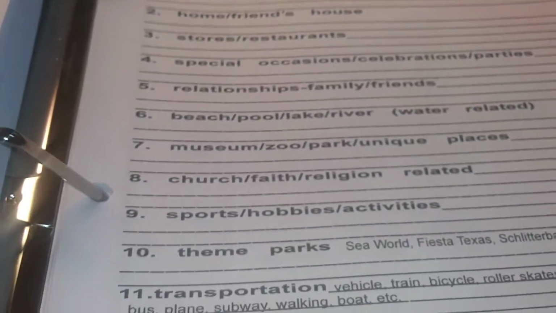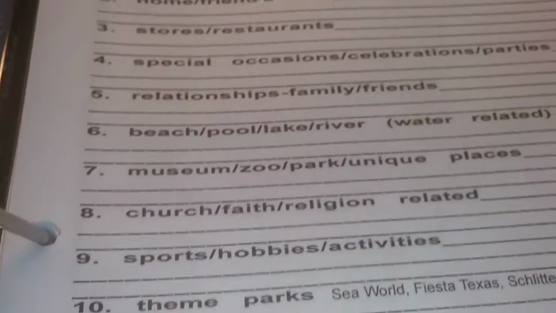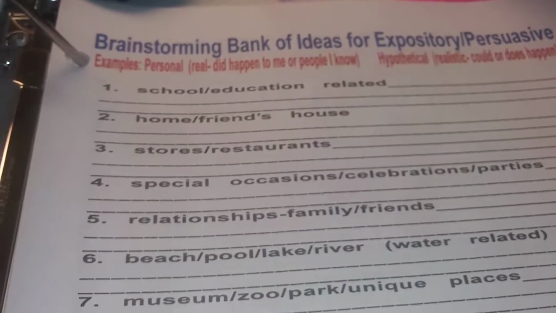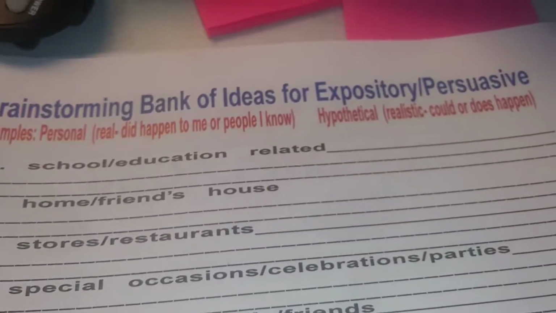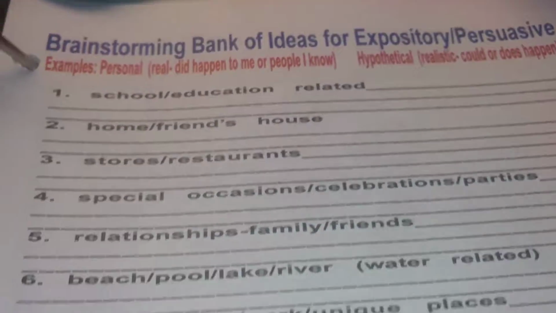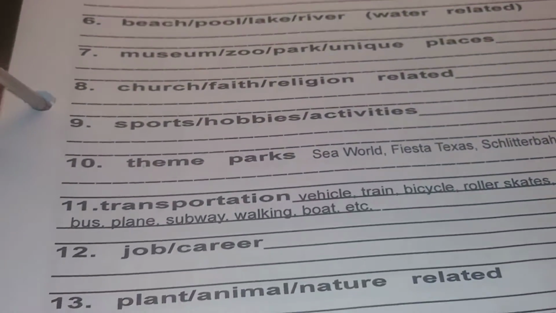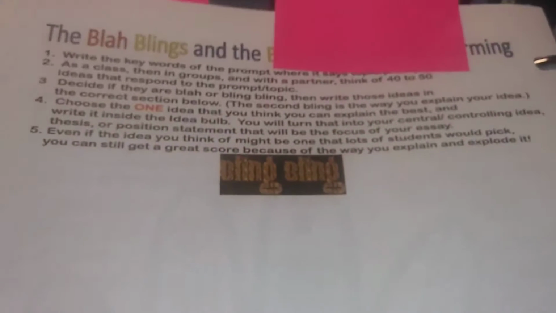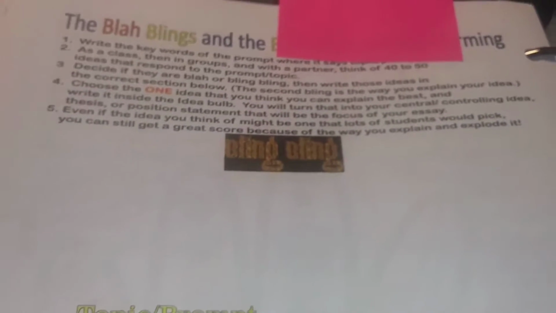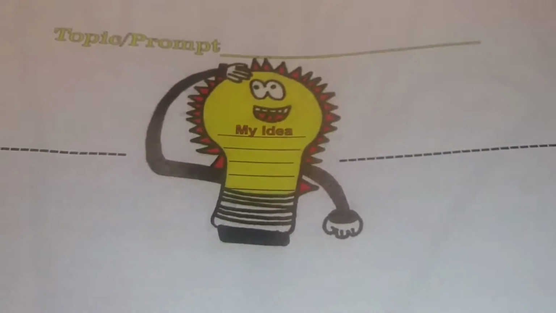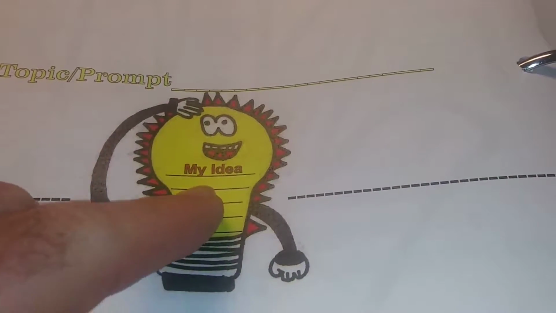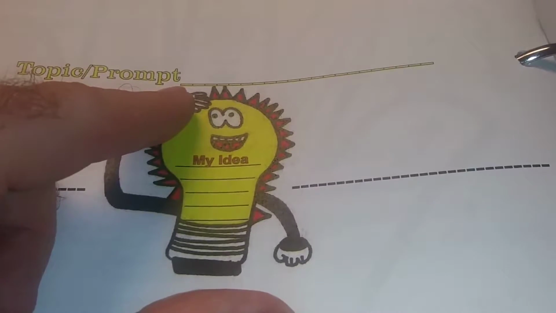And so if you look at page 459 of my new binder, you're going to see lots of places, whether they're real or hypothetical, realistic or real, your kids can use some of these to come up with ideas when you're teaching how to brainstorm, how to use this previous page to have original ideas that we call bling bling, or ideas. As you see I'm pointing to his head, that means I have one idea, one light bulb, on top of his head representing the topic.